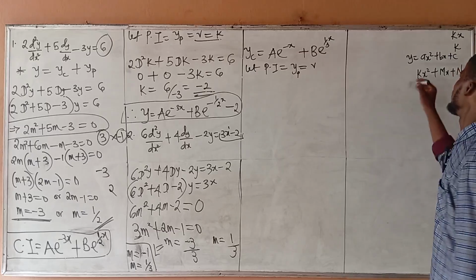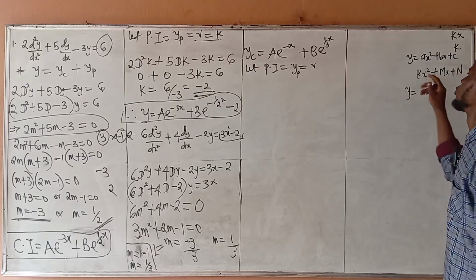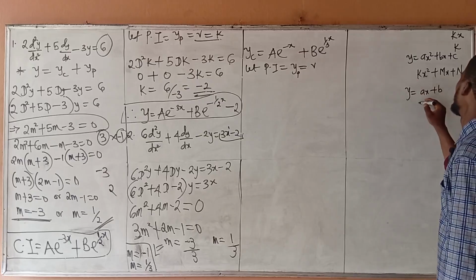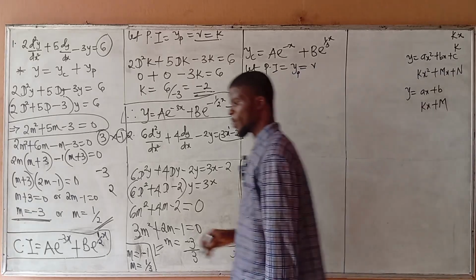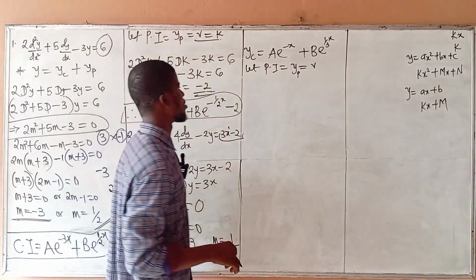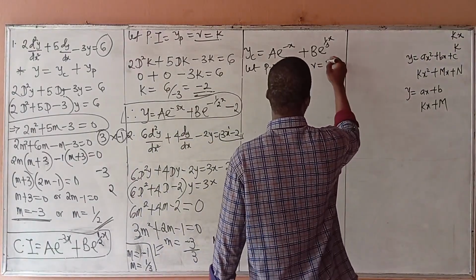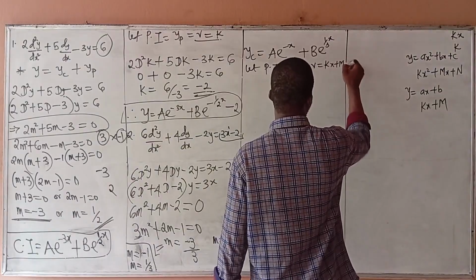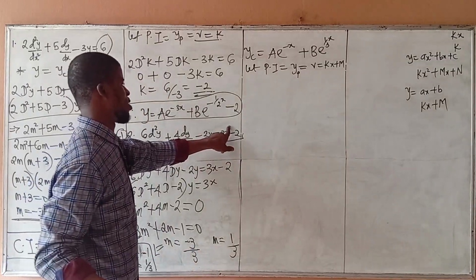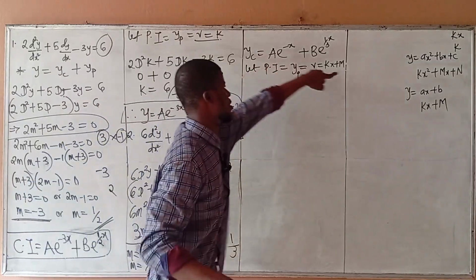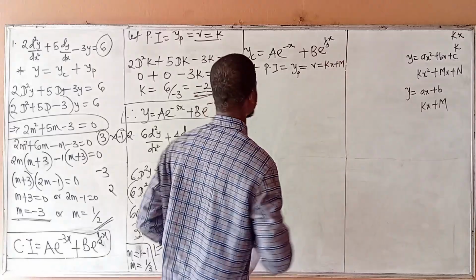Good. If the function is y equal to ax plus b, then reduce the particular integral to kx plus n. Simple. So the particular integral here, let's use kx plus n, for the reason that we are having a polynomial of degree 1. So let's choose a function of x whose degree is 1.